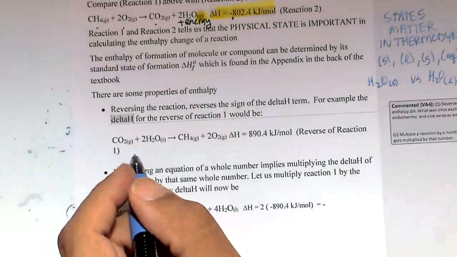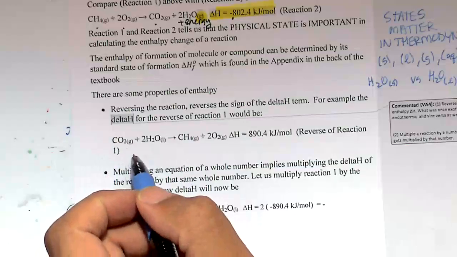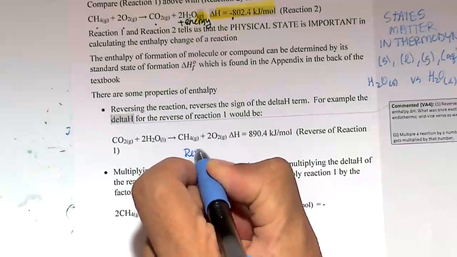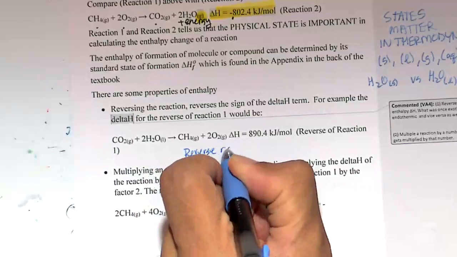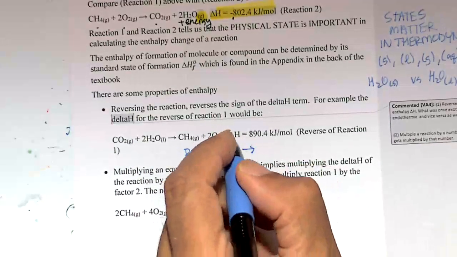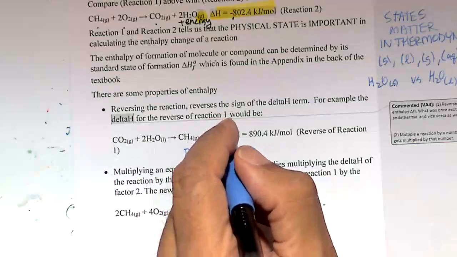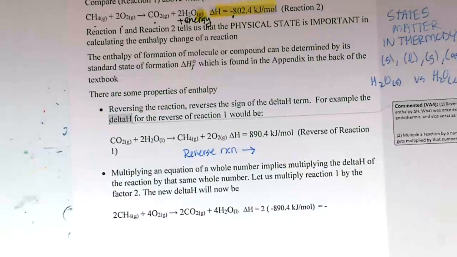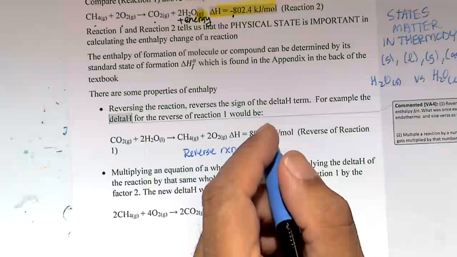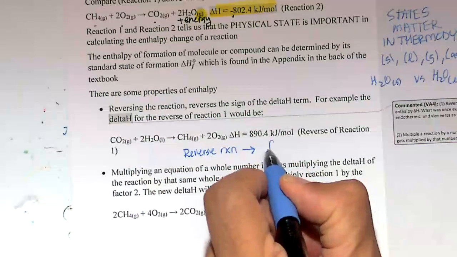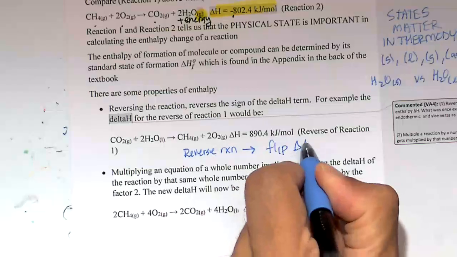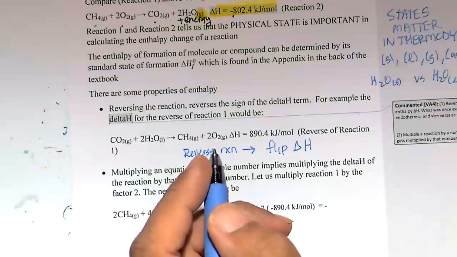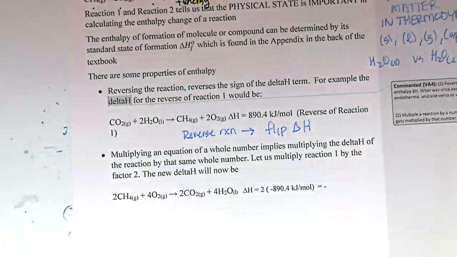All right, couple of points here. We already talked about this before. If you take a reaction and you reverse it, what do you do with the sign? If you reverse a reaction, what will you do with the delta H? Flip it. What was positive becomes negative, what's negative becomes positive.